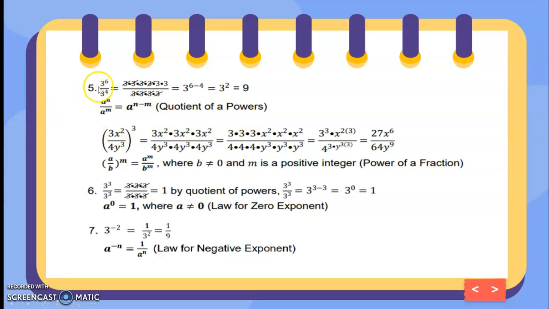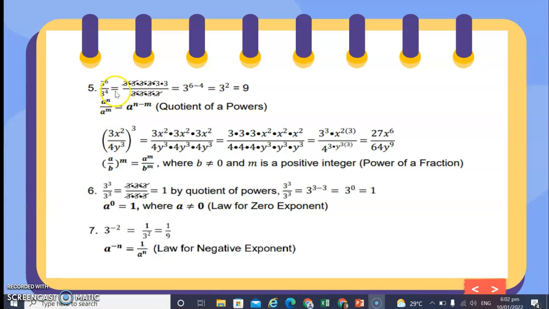So given example, so we have 3 raised to 6 over 3 to the 4th. Okay, so we have expand, we have 3 times 3 times 3 times 3 times 3 times 3. And 3 to the 4th expand as well, 3 times 3 times 3 times 3.